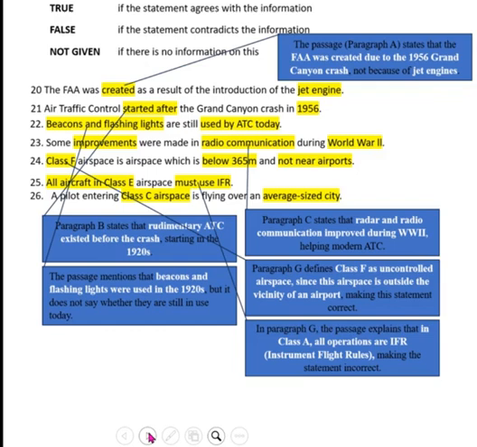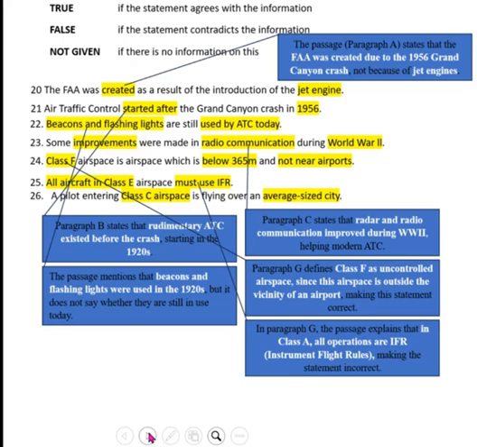A pilot entering Class C airspace is flying over an average-sized city. Look for Class C airspace, and look for average-sized city. You may not find all of these, especially average-sized city, exactly as it is written in this statement in the passage. So what do you do? You can think of other words, like synonyms.